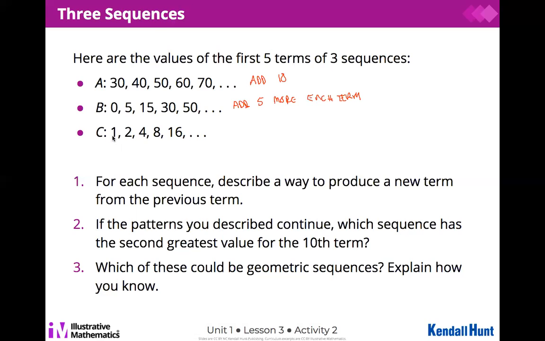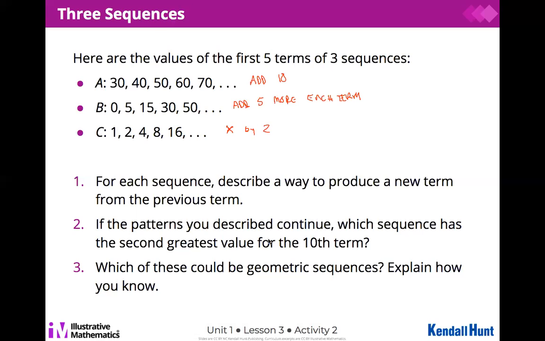And lastly, it looks like we add 1, then 2, then 4, then 8. Well, it looks like we're doubling how much we add, but I think it's probably easier to think of it as we're doubling each term. Double: 1 times 2 is 2, 2 times 2 is 4, 4 times 2 is 8. Multiply by 2. All right, so we got rules for each of these 3.